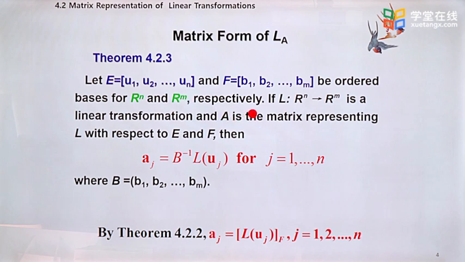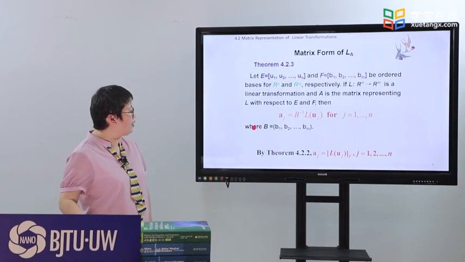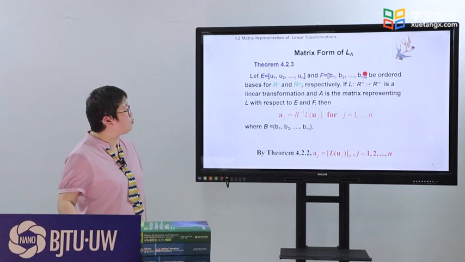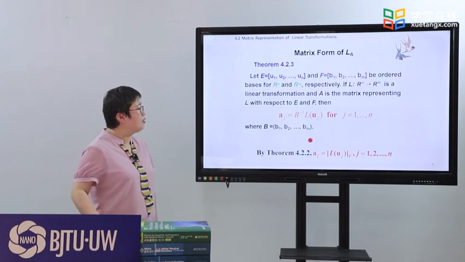If L, mapping Rn to Rm, is a linear transformation, and A is a matrix representing L with respect to E and F, then we have this relation: the j-th column of A equals B inverse times L(Uj) for j varies from 1 till n, where B is obtained by B1, B2 till Bm as its m column vectors.